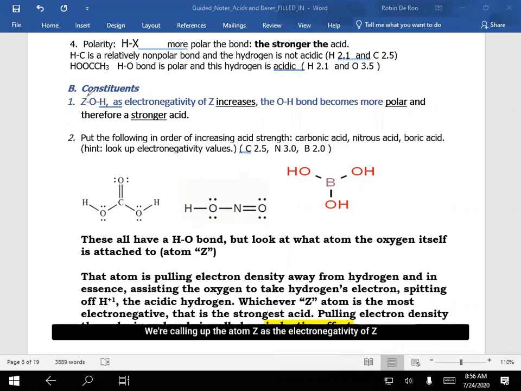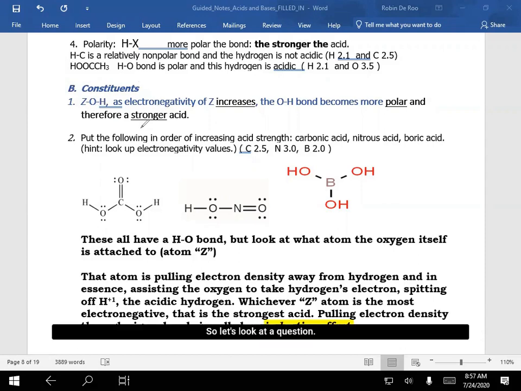We're calling that the atom Z. As the electronegativity of Z increases, the OH bond becomes more polar and therefore a stronger acid. So what we're saying is that the atom attached to the oxygen, which in turn is attached to a hydrogen, can affect the acidity of the acid.